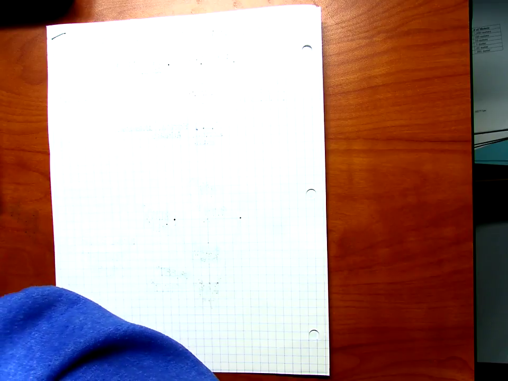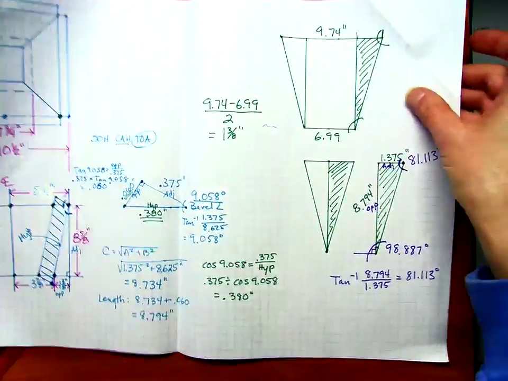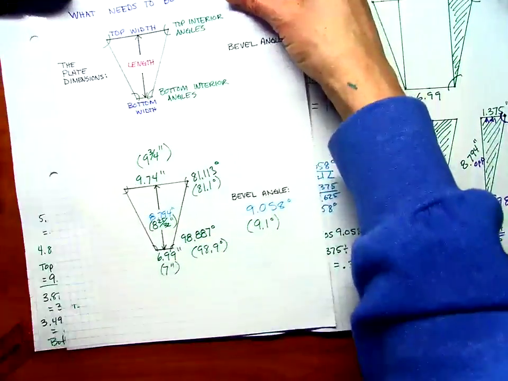So anyway, I'm going to post the answers, in case you skipped all of the other stuff. Oops, get this up here. Sorry about that. There we go. Here are the answers.